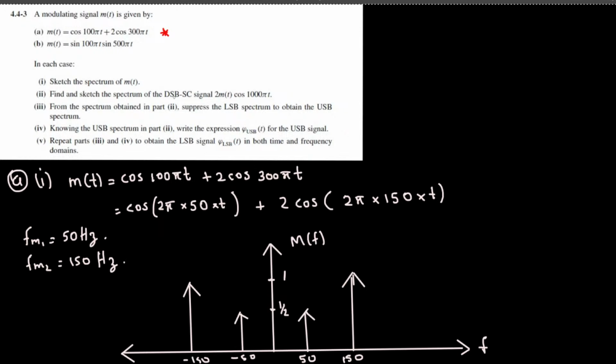This is double sideband, so when we send it through, the center is going to be located at the carrier frequency. Right away you can see this is cos 1000 pi t, so 2 pi f t, and f is going to be 500. So this signal is going to be shifted 500 to the left and also 500 to the right.